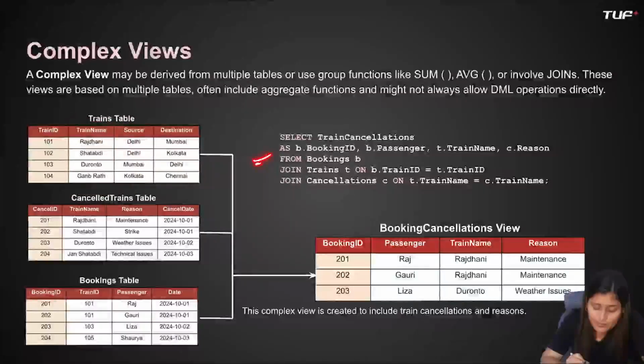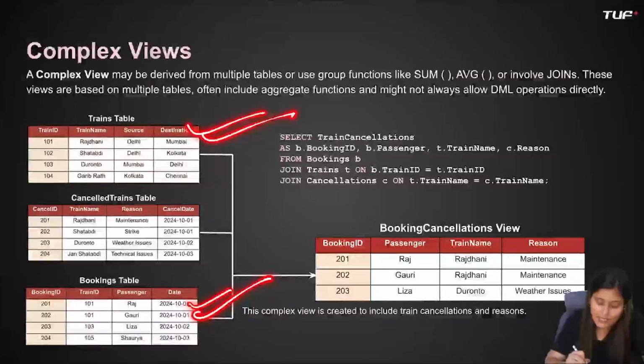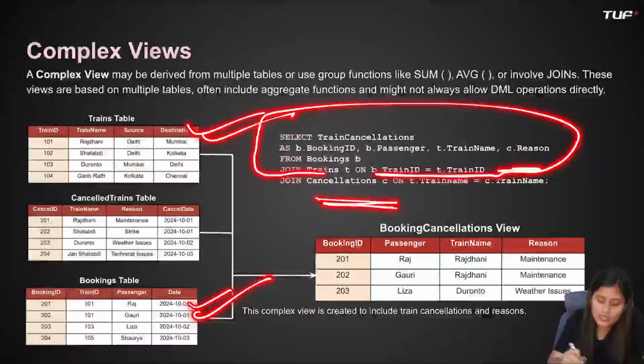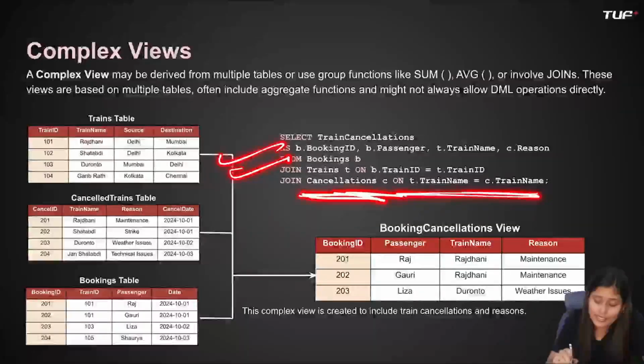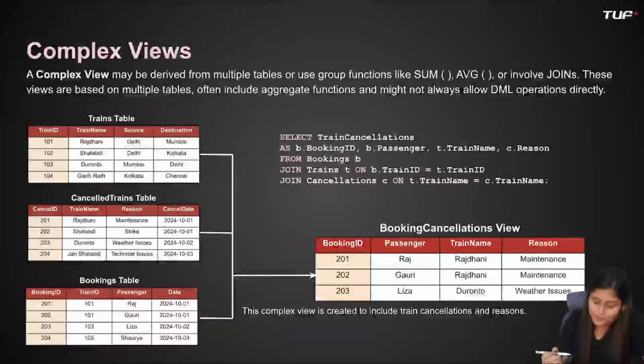From bookings B join trains T on the condition that their train ID is the same. With this, one resultant table is created, and that resultant table will be joined with cancellation C on T dot train name and C dot train name.